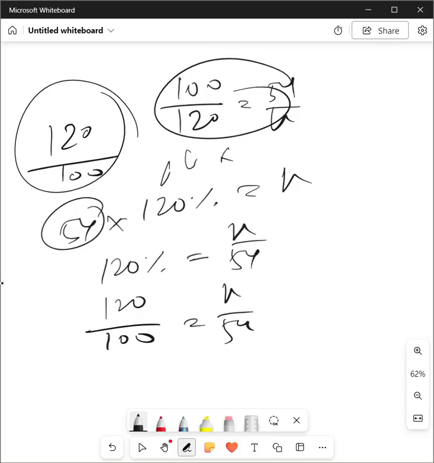So that's all from my part. There are many questions available, so you can try them like this one. They are similar. This is also a similar one where they ask: Kevin's monthly salary is $4,500, which is 72% of Paul's monthly salary. What is Paul's monthly salary? That means Kevin's salary is 72% of Paul's monthly salary.